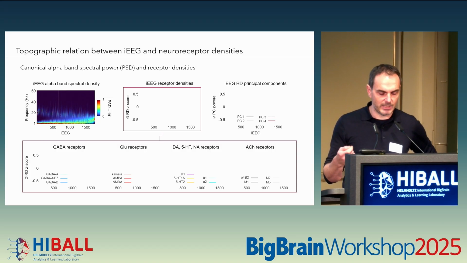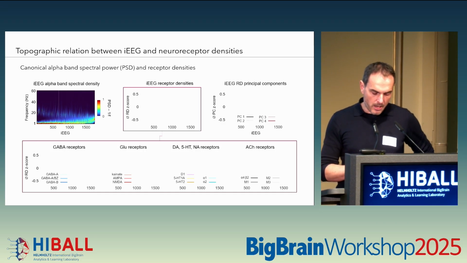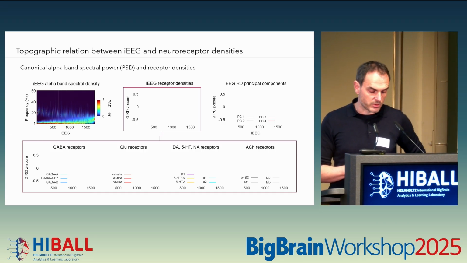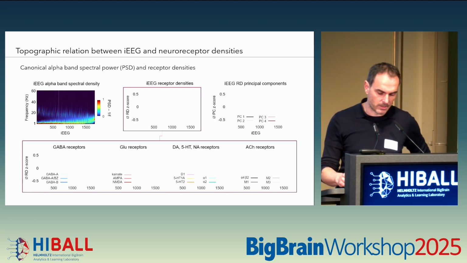That is indicative that there might be an overlap between the topography of the EEG spectra and the receptor density distributions. It's really unfortunate that this doesn't come up correctly. Sorry about that.